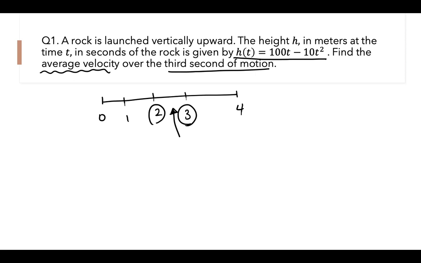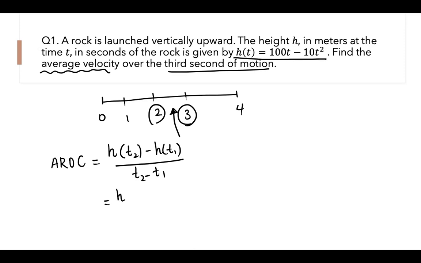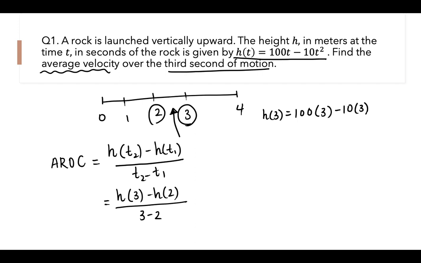So first, let's write down the average rate of change. In this case, we're looking for velocity, defined by h(t2) minus h(t1) over t2 minus t1. We already know the times. So the height at 3 seconds minus the height at 2 seconds, over 3 minus 2. Height at 3 seconds: we're plugging in 3 into 100t minus 10t squared.